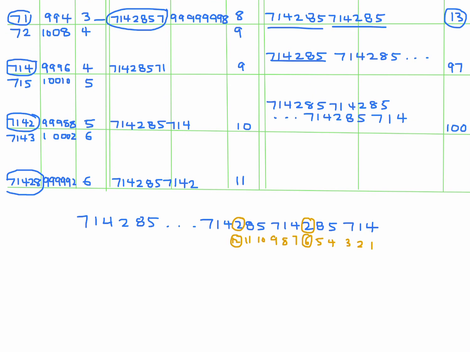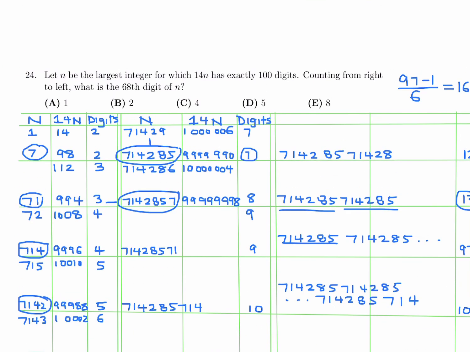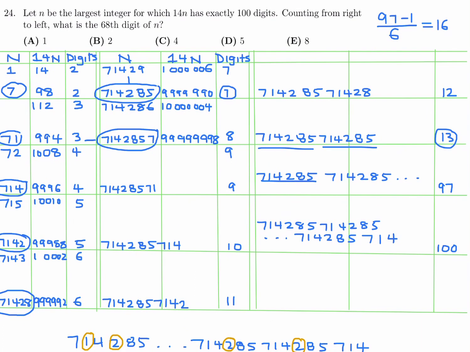So eventually you're going to get to 66, and that's going to be a 2, just like all the other multiples of 6. Then just keep counting, 67, and then 68. And the 68th digit is a 1. And that's the answer to the question. So number 24, a very cool question. The answer is 1, and that is choice A.